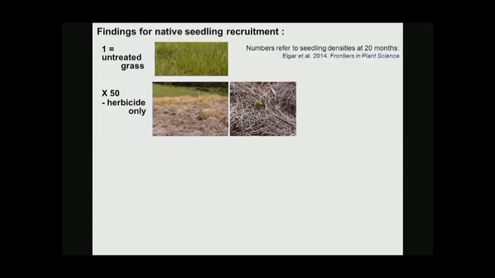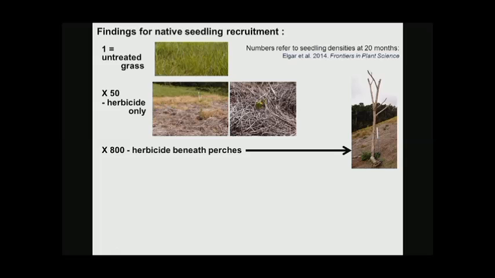And with the help of honours student Amelia Elgar, we've got a short-term answer, at least, as to what happens in the first 20 months: herbicide alone will increase the amount of native seedling recruitment 50-fold. If you herbicide and put in some perches for birds, it increases to 800-fold.